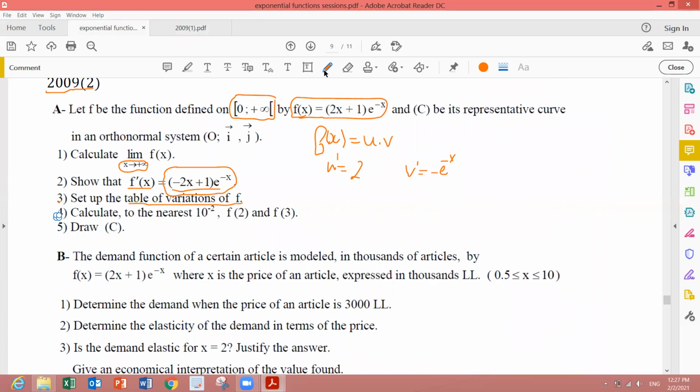Part 4. Calculate to the nearest 10 to the minus 2, which means I need only 2 digits after the decimal. Calculate f of 2 and f of 3. They are particular points that help to draw the curve.